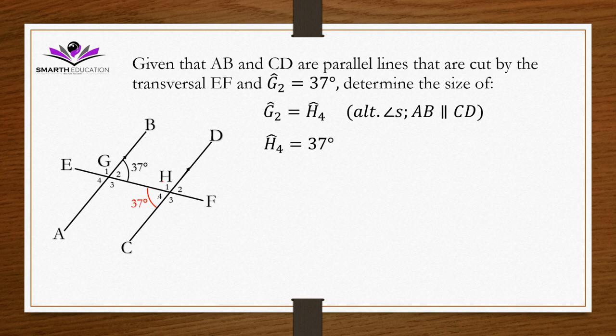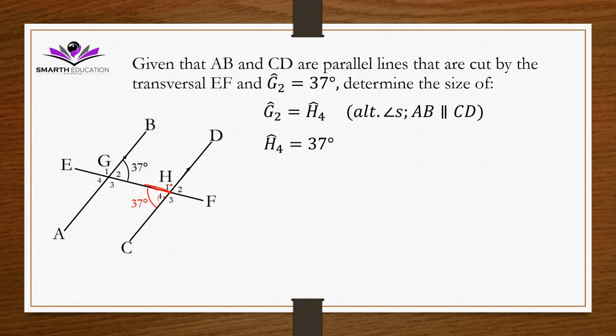The next angle is angle H1. How can you find angle H1? This is angle H1 here. If you check, angle H4 and angle H1 are what? They are adjacent angles on a straight line. They share a common vertex and a common side.